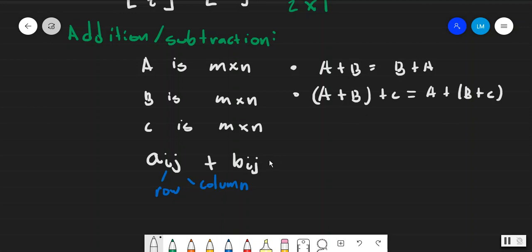Well, in this case, this would have to equal a new matrix, so C sub ij. All this is telling me is that I can add component-wise, essentially. If you want to put a minus sign, you can, and the same goes for these two as well, but you don't really have to.